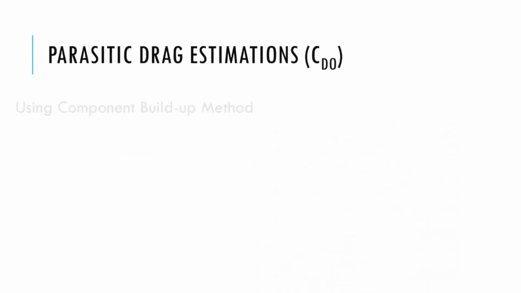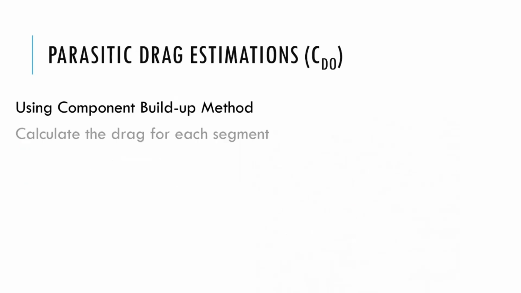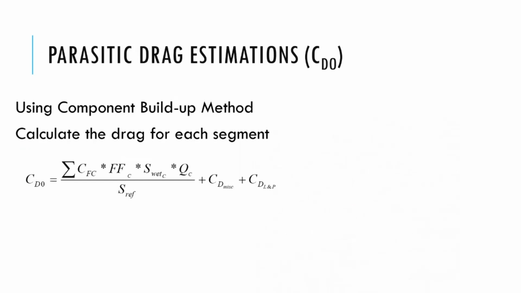So for this, we have some standard procedures available, and one of the common procedures used by researchers and students in aircraft conceptual design is the component build-up method, where you calculate the drag of each component, and then you just build it up together. Okay, so this is the general formula for the parasite drag coefficient, CDO.